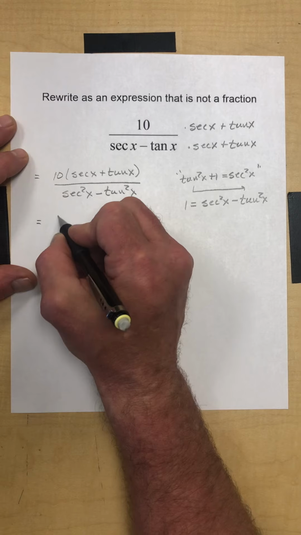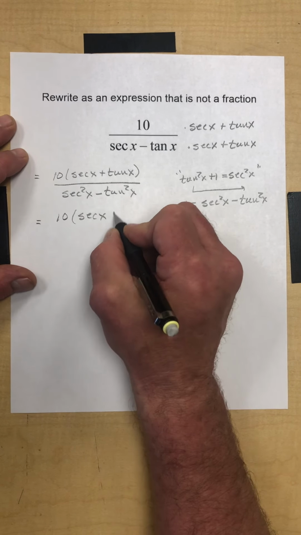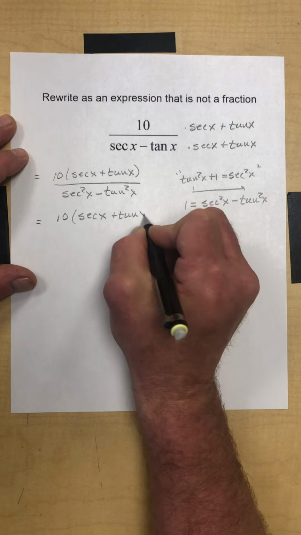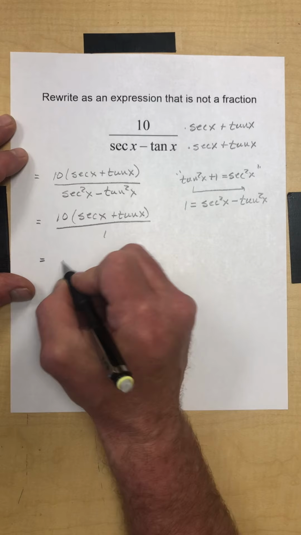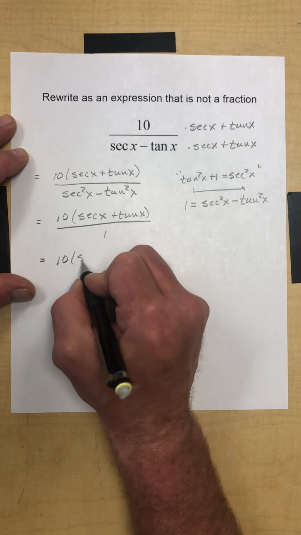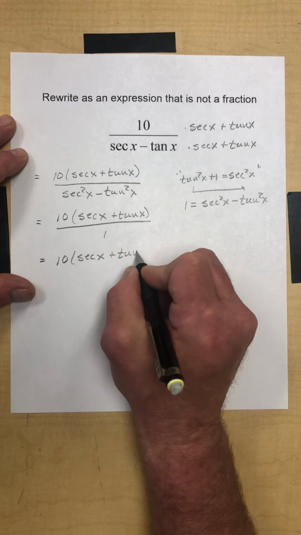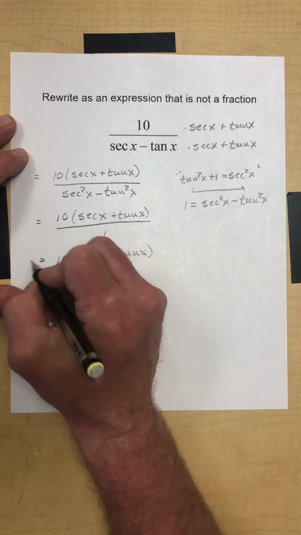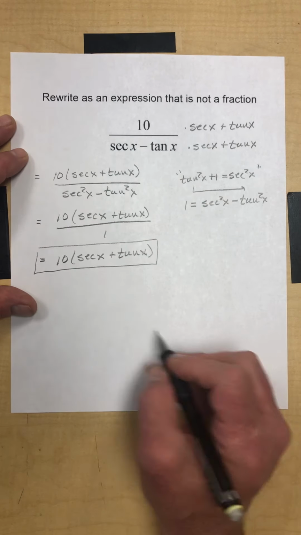Okay, so we get 10 times the quantity of secant x plus tangent x all over 1. So that just reduces down to 10 times the quantity of secant x plus tangent of x. Okay, now there's nothing wrong with leaving your answer like this. That's 100% correct.